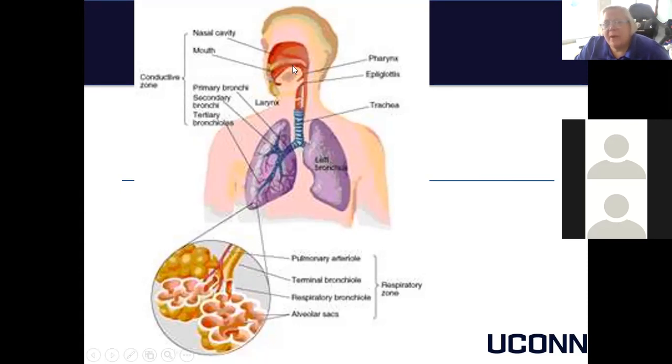If you aspirate something, meaning a foreign body was not supposed to go into the respiratory system, it's going to almost go straight down into the right lung. Why is aspiration pneumonia "worse"? I'll put it in quotation marks, but why is that more dangerous than other types of pneumonias?